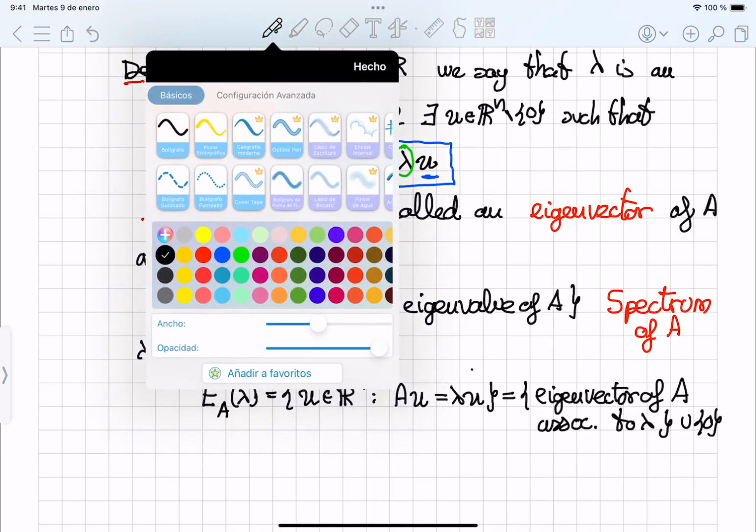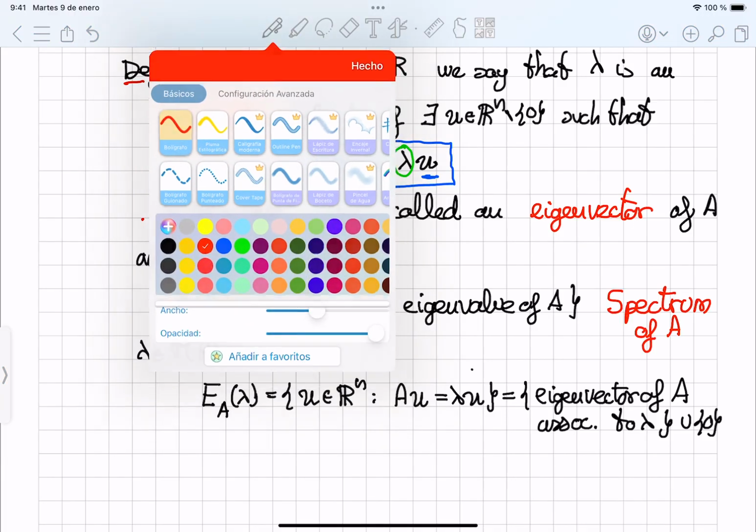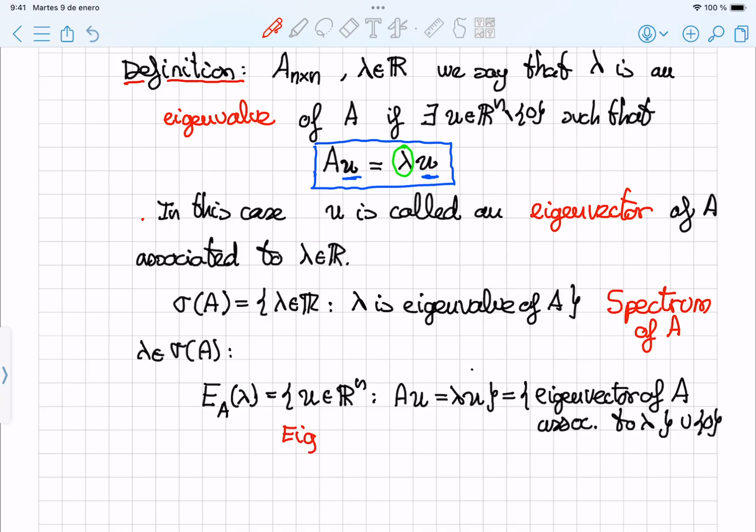This set also has an important name, which is called the eigenspace associated to lambda. So again, going deeper in the idea, given a matrix, I can find some eigenvalues, and these eigenvalues form what is called the spectrum.